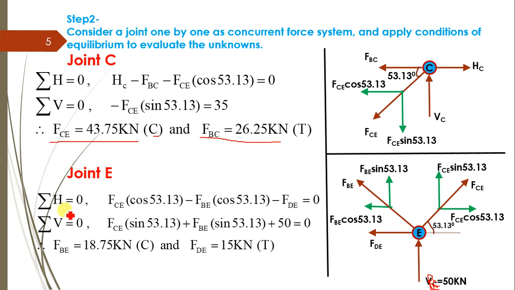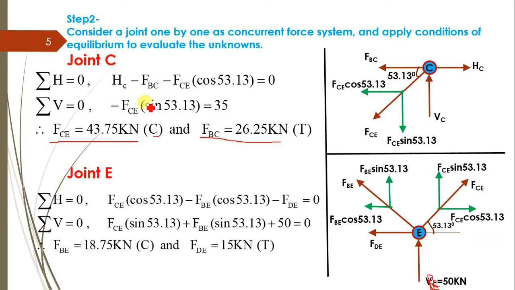Applying the conditions of equilibrium, summation of horizontal as 0: FCE cos 53.13 minus FBE cos 53.13 minus FDE equals 0. Next, summation of vertical 0: FCE sin 53.13 plus FBE sin 53.13 plus 50.